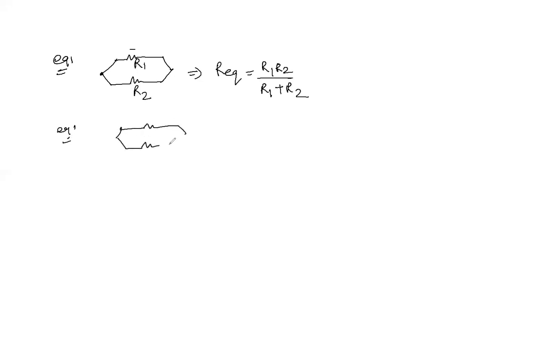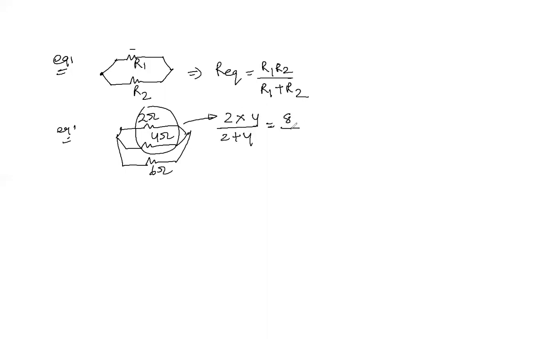Say this is an example with 2 ohm, 4 ohm and 6 ohm. How to solve it quickly? Let's pair up the 2 and 4 first. It is going to give you 2 into 4 divided by 2 plus 4. How much is it coming? 8 by 6, which is 4 by 3 ohm.